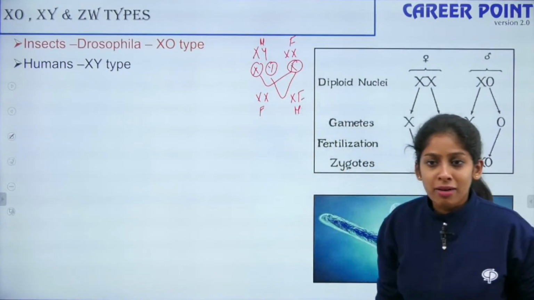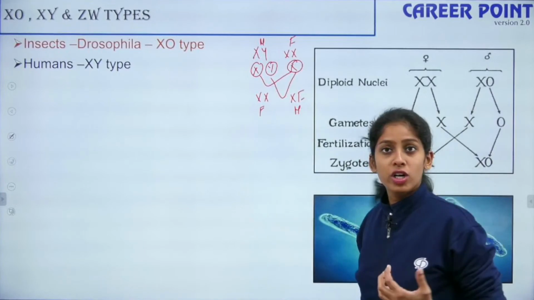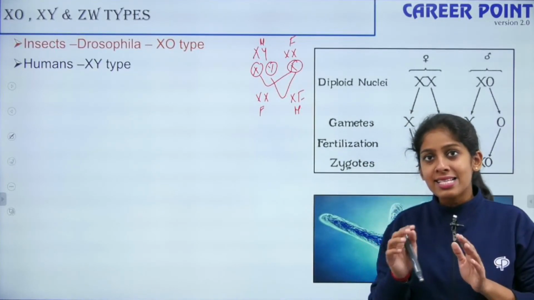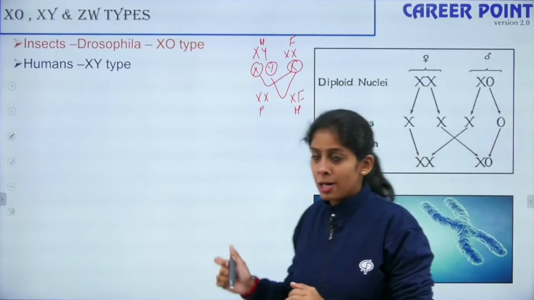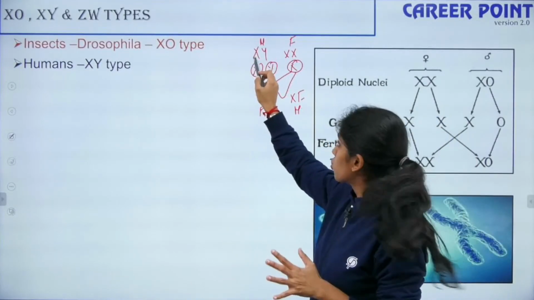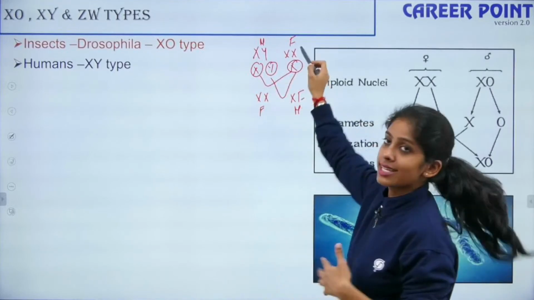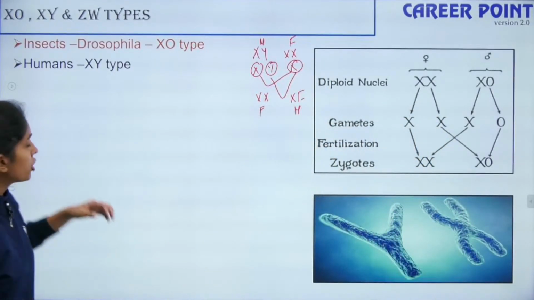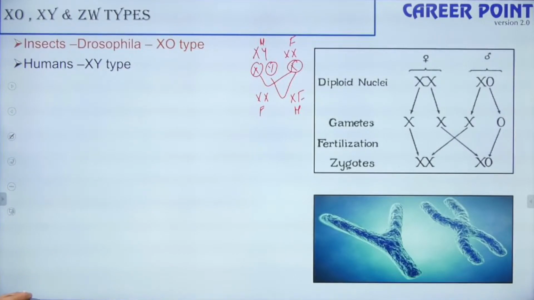Who determines the sex here is the male, because the male has two different types of gametes. That is, the male has heterozygous sex chromosomes, 1X and 1Y, while XX is homozygous. Since the male has the heterozygous condition, males determine the sex of the offspring. This type of sex determination where the male determines it is called male heterogamety.